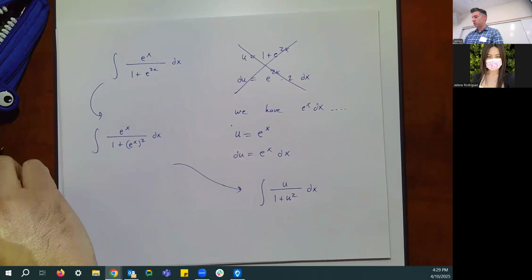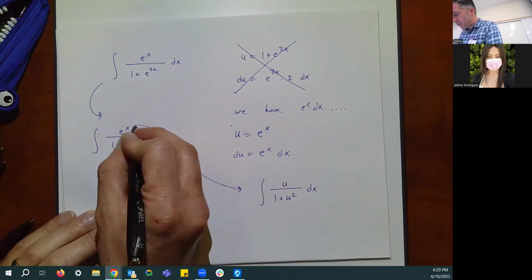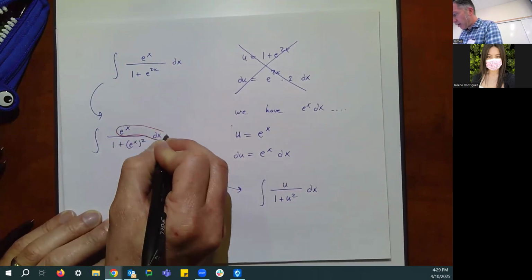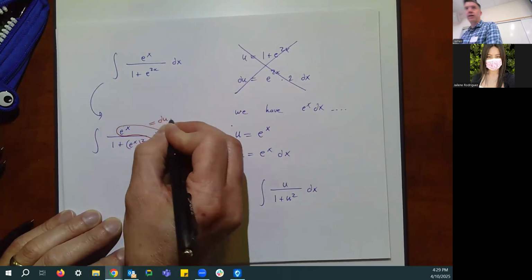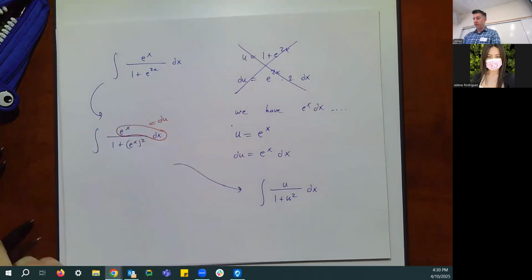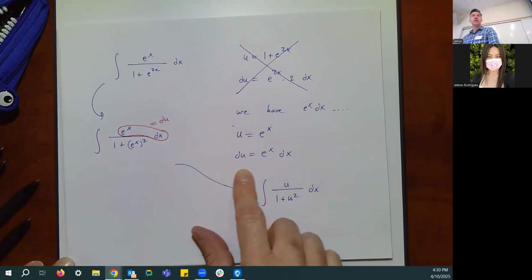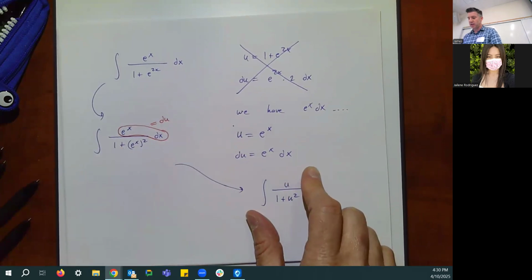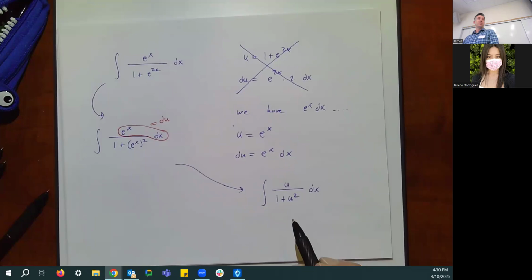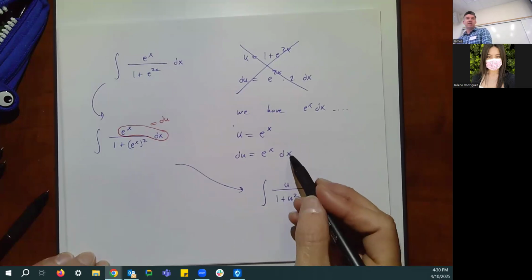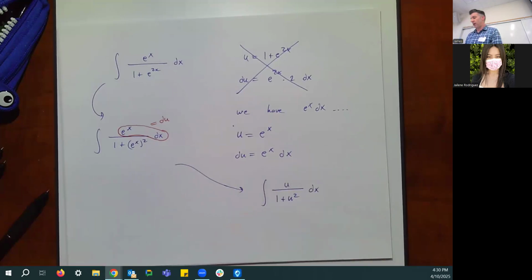That's why you have to make sure that this part gets soaked up by the du, right? That e to the x up there doesn't turn into u. That e to the x is part of what du is equal to in the e to the x times dx. I will say this is one of these that people like doing it the other way, where they solve for dx and then divide by stuff because it feels more straightforward. I don't know.